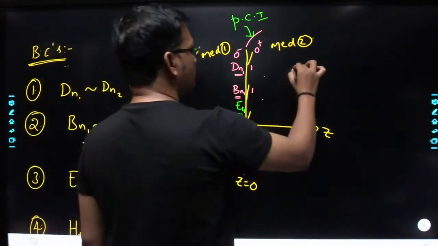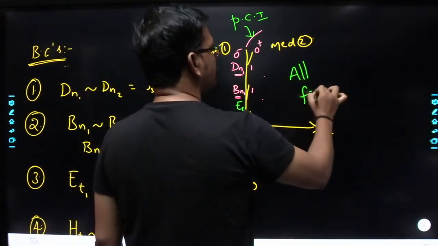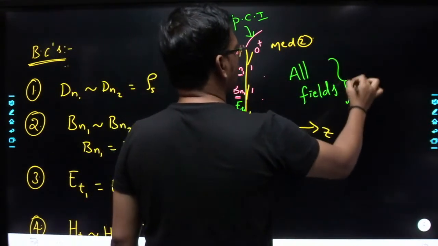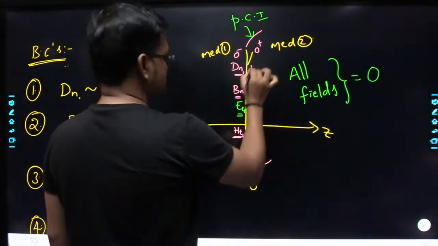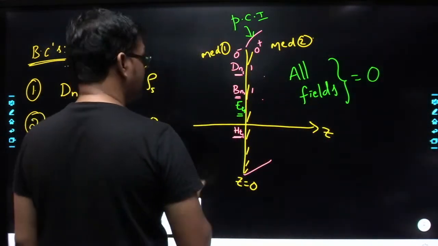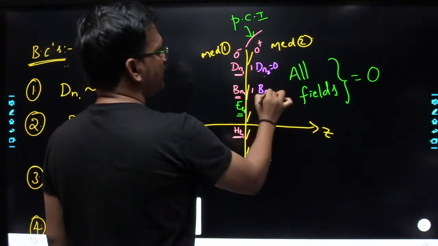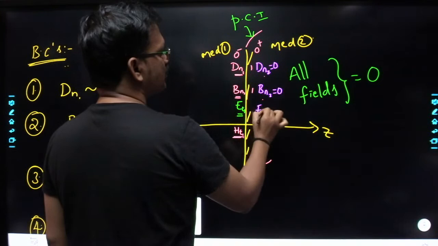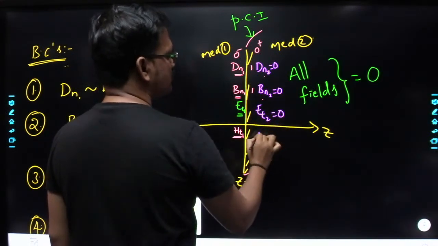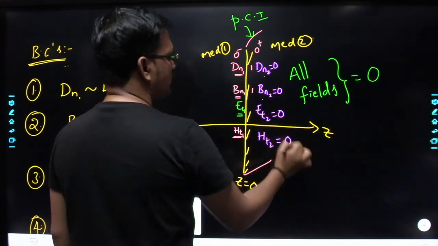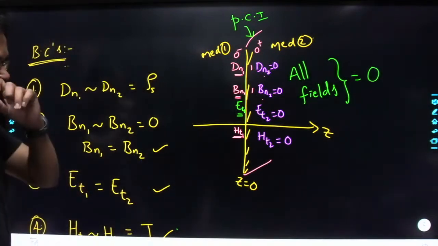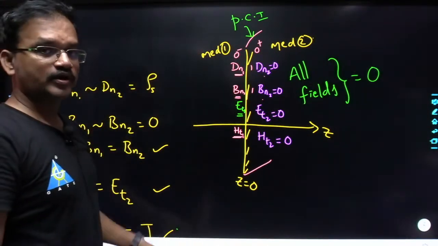All fields in this medium will become 0, so dN2 is 0, bN2 is 0, ET2 is 0, HT2 is 0. All the field components will become 0.